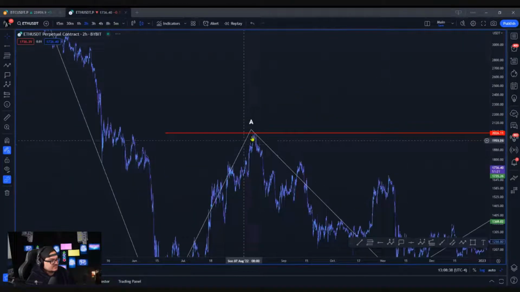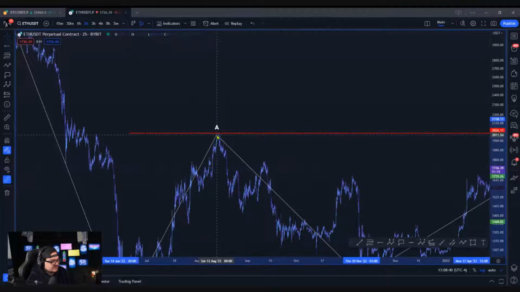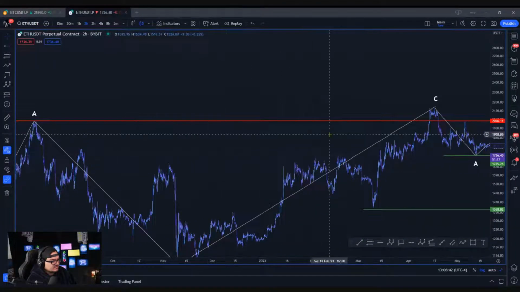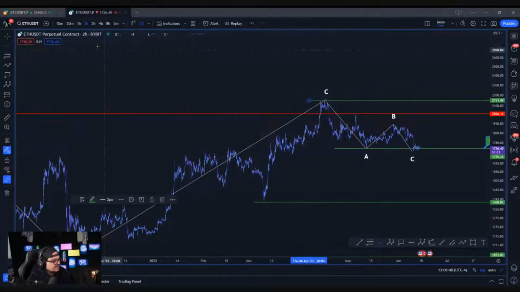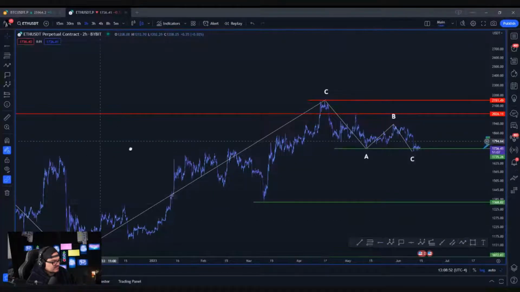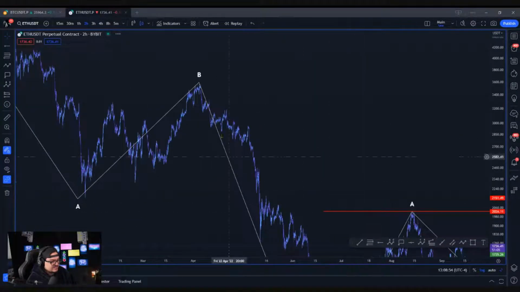And if we look to the upside, 2030, which is the pivot off of the previous A, we have 2148, which is the previous top. And if that breaks, this is even more significant than BTC in my opinion.